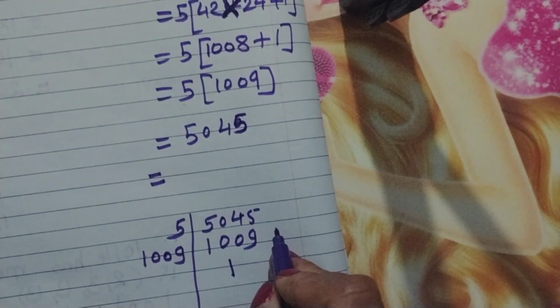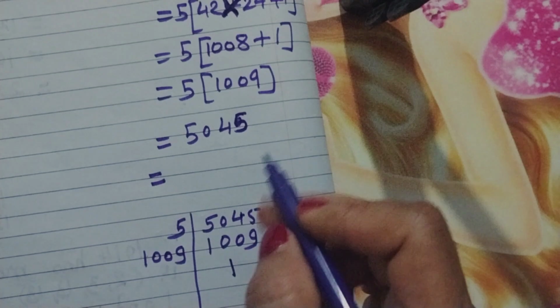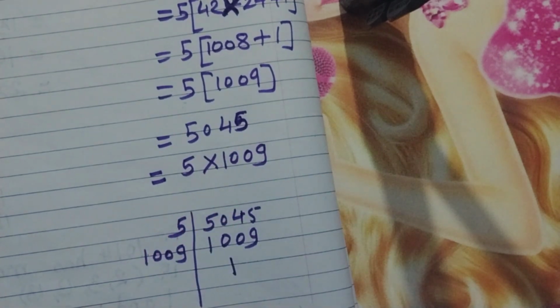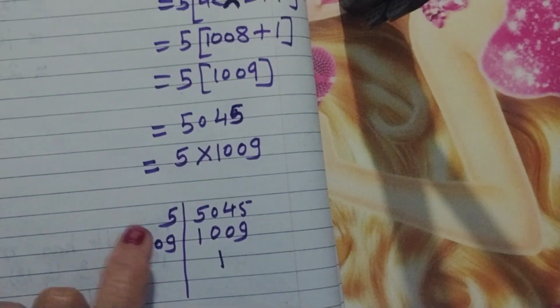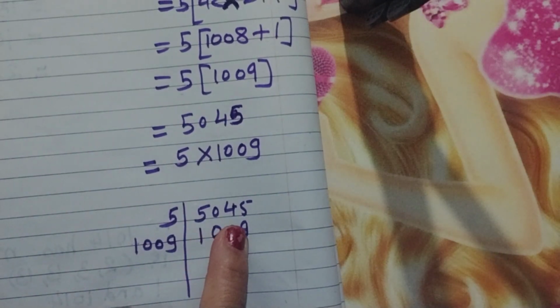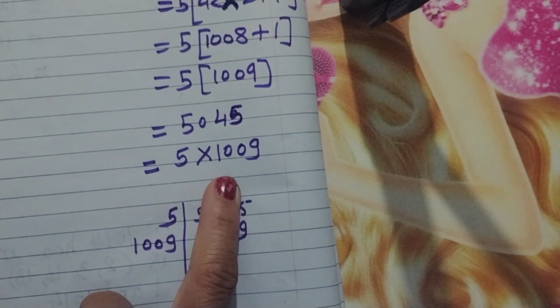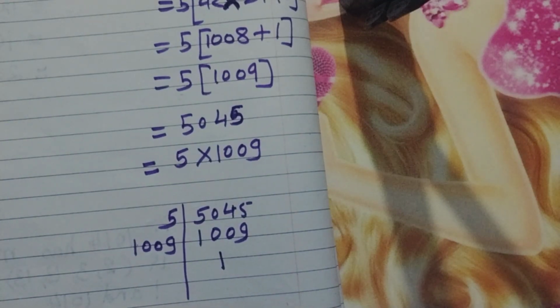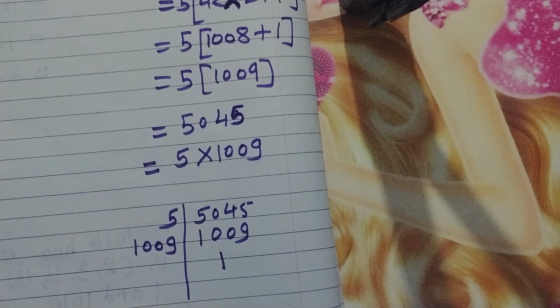We write 1 below 1009. So 5045 can be written as 5 multiplied by 1009. So we can see that the factors of 5045 are 5 and 1009, meaning it has more than two factors, other than 1 and 5045. Therefore it is a composite number.